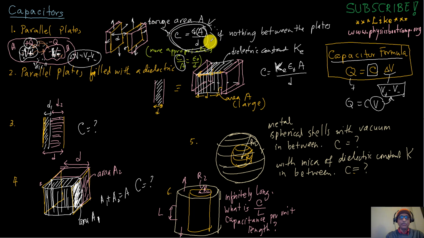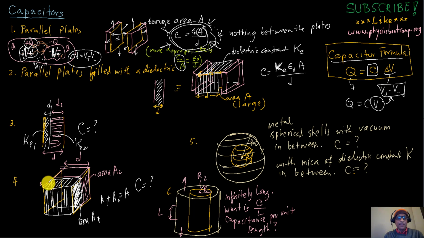Okay, so we're going to use that assumption to find this formula. You memorize this formula, but you should know how to get it, because once you know how to get this, usually the problem will be that I fill with a dielectric, or maybe I fill with two dielectrics. So between the plates, some part is filled with one dielectric of dielectric constant Ke1, and another with dielectric constant Ke2. I can fill it that way, or I can fill the other way.